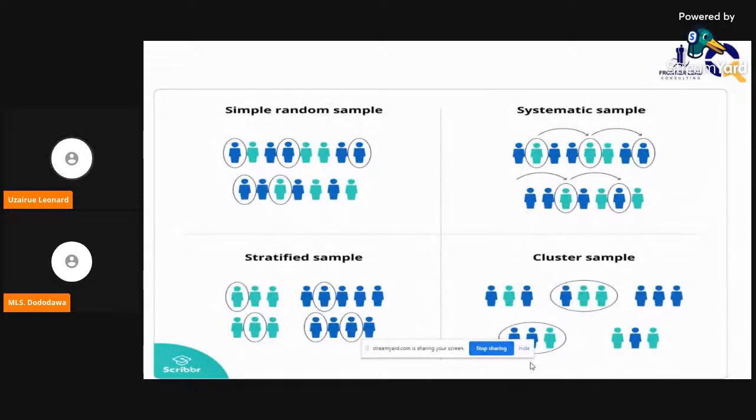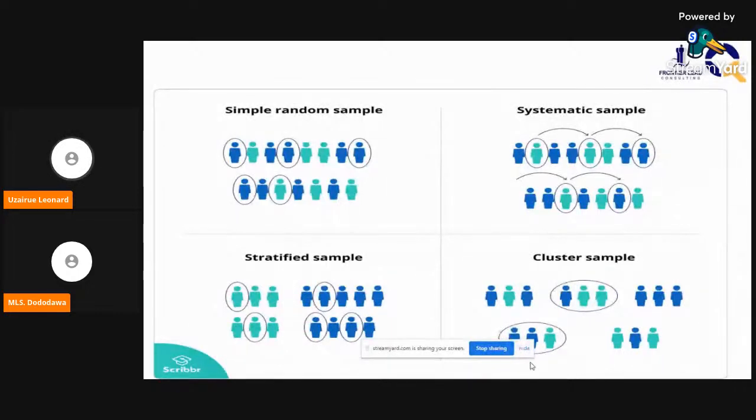After you have already created your clusters, you randomly select some of the clusters or subgroups, as the case may be. If it is practically possible, you might include every individual from each selected cluster.